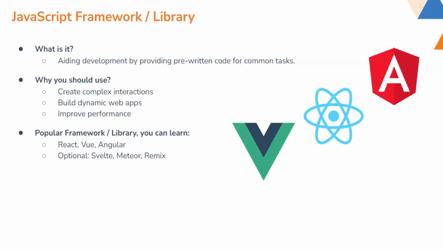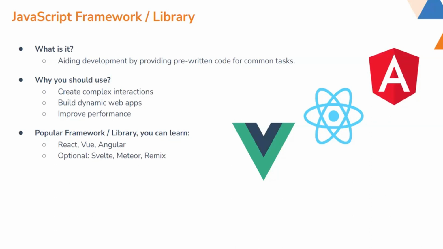Examples of a framework are Angular and Django, whereas examples of a library are React and jQuery. Using JavaScript frameworks or libraries offers several advantages, like creating complex interactions, building dynamic web apps, and improving performance. Some of the popular frameworks or libraries that you can learn are React, Vue, and Angular.